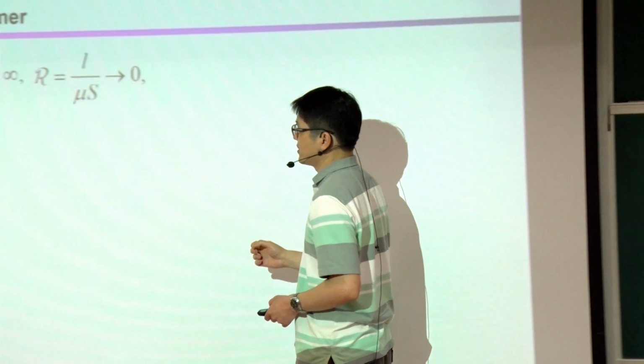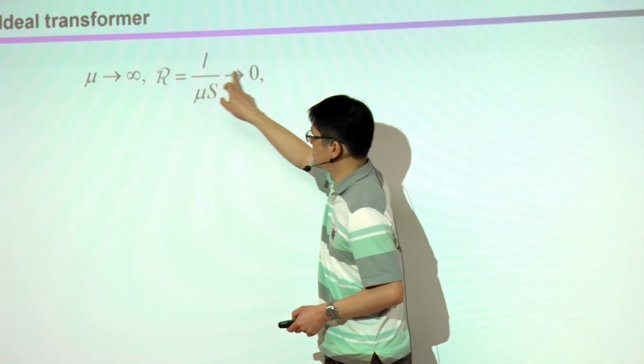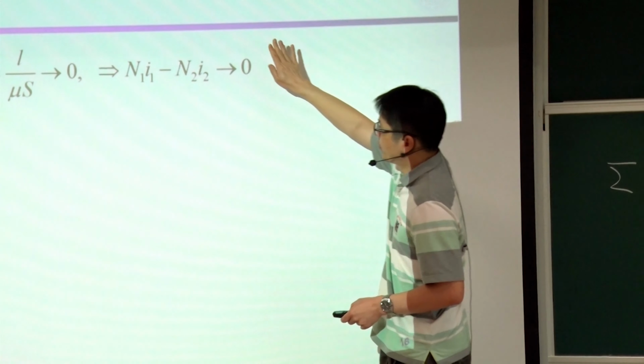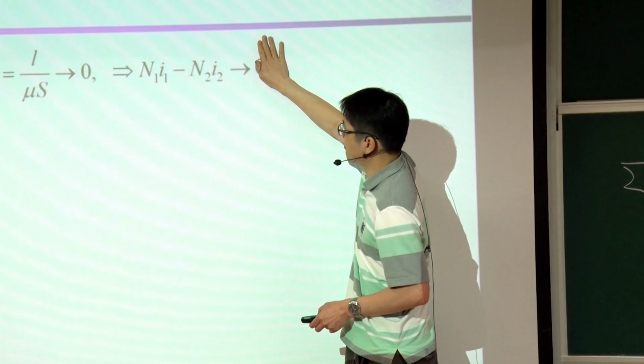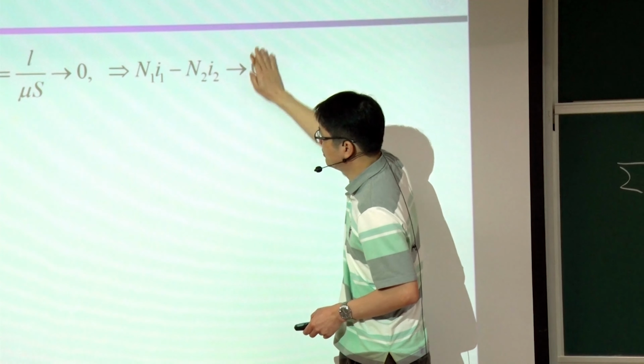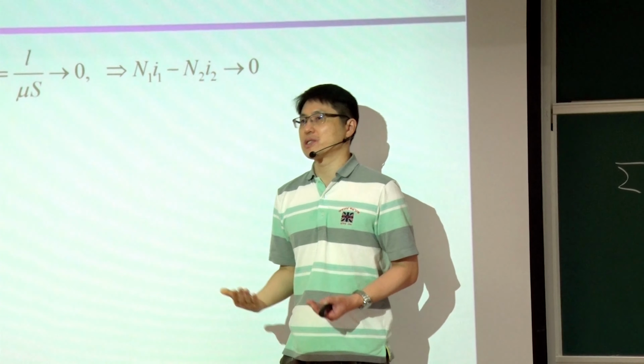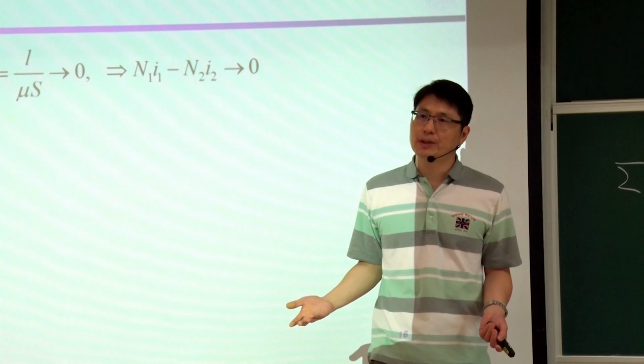So in that case, the reluctance is 0. If the reluctance is 0, then reluctance multiplied by phi is approaching 0, so N1I1 minus N2I2 is equal to 0, or almost equal to 0.